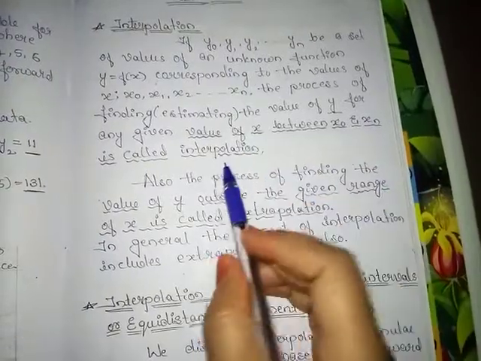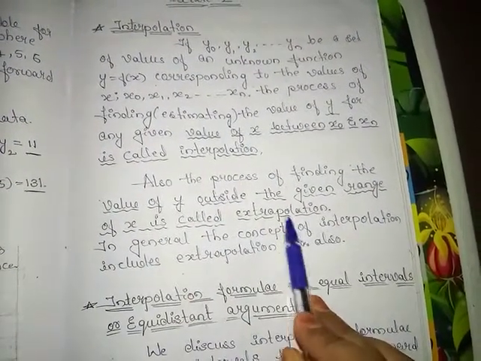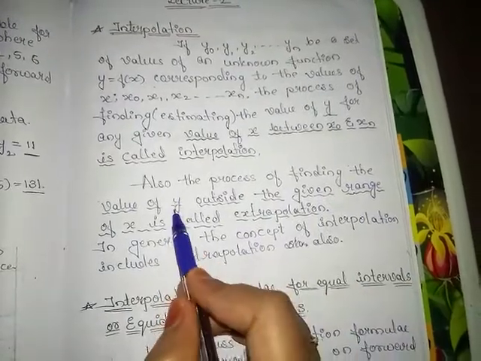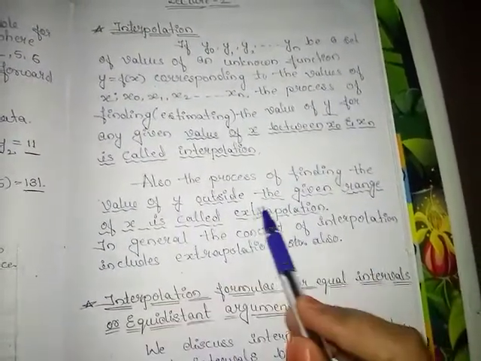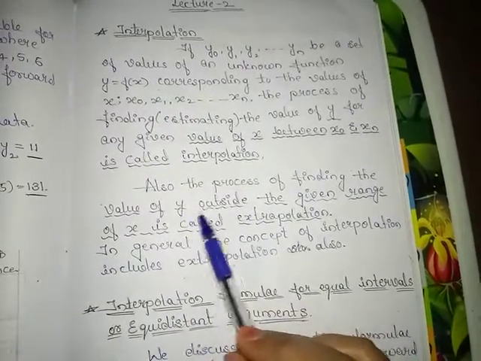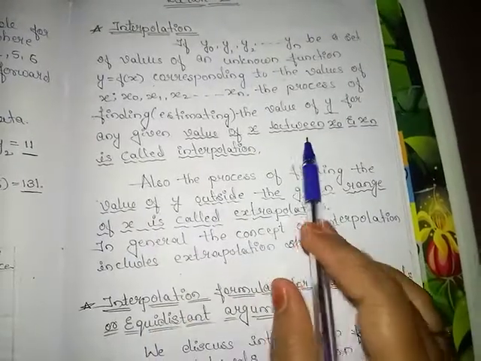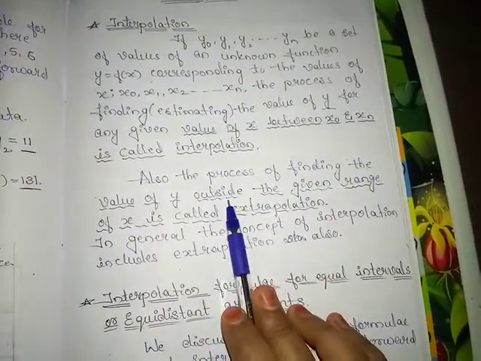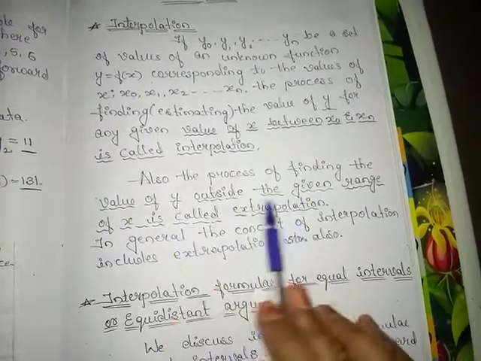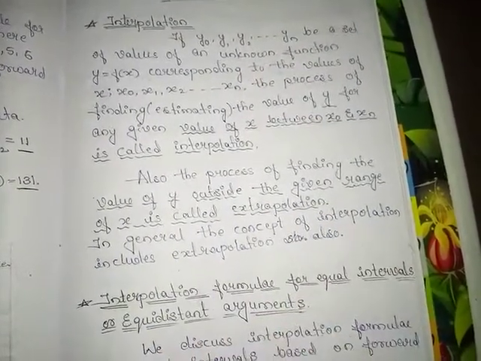But extrapolation is also finding the value of y, but the condition is different: the value of y is outside the given range of x. Here the range is given, that is x0 to xn. Finding y outside the given range of x is called extrapolation.